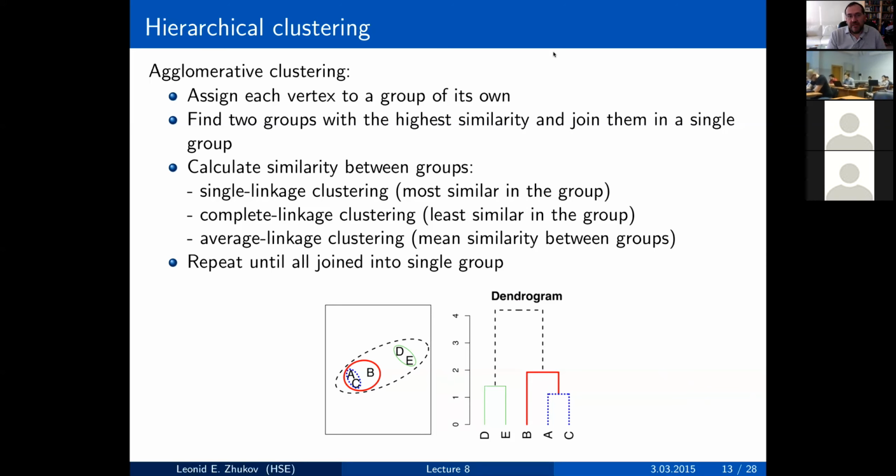The way it works is quite simple. You start by assigning each vertex to a group on its own. Oh, and by the way, they're connected, it is a graph.